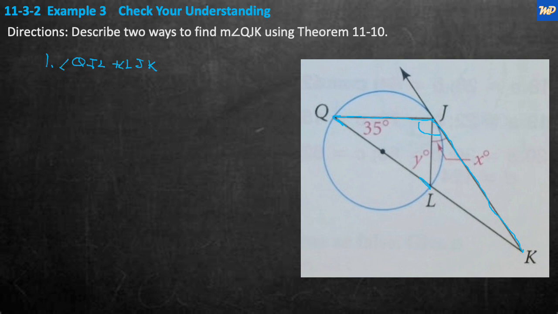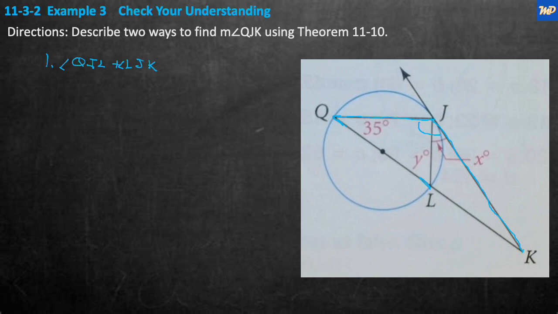So what is LJK? Well, we know that LJK is 35 degrees because it's angle X. So we have Q over here, strikes off a 35 degree angle, which gives us 70 degrees out here, and half of that goes back to the angle X, which is 35.